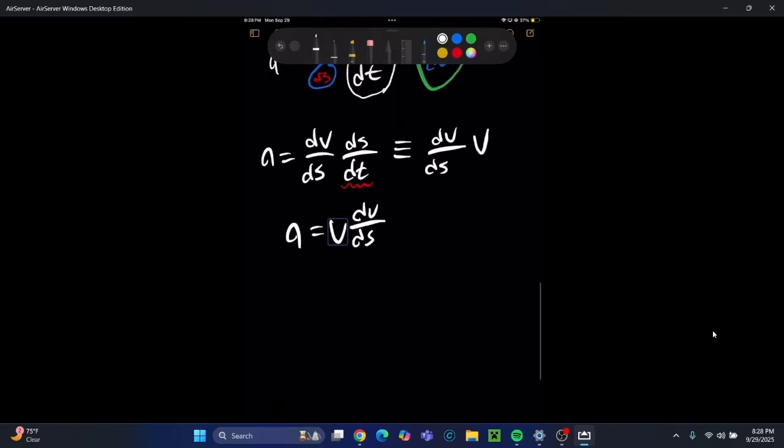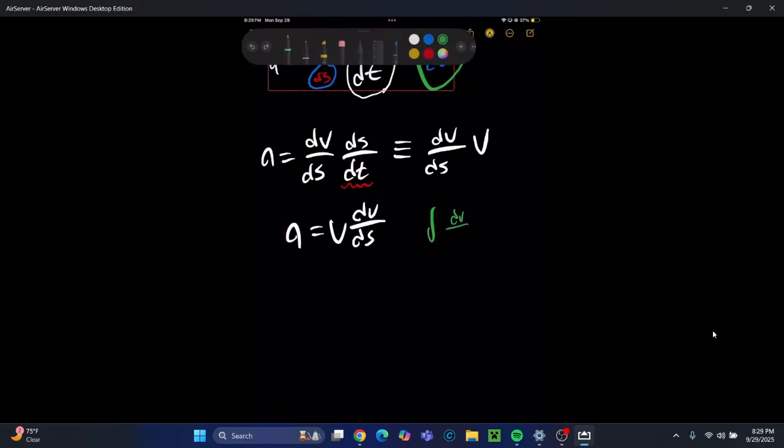But looking at this, it's not comfortable yet. We have the change in velocity with respect to position, which doesn't intuitively make a whole lot of sense. We also can't integrate comfortably when it's like this. It gives us some weirdness we don't like.